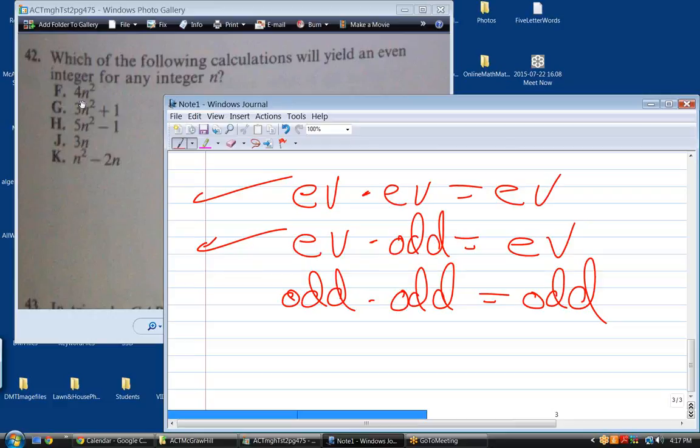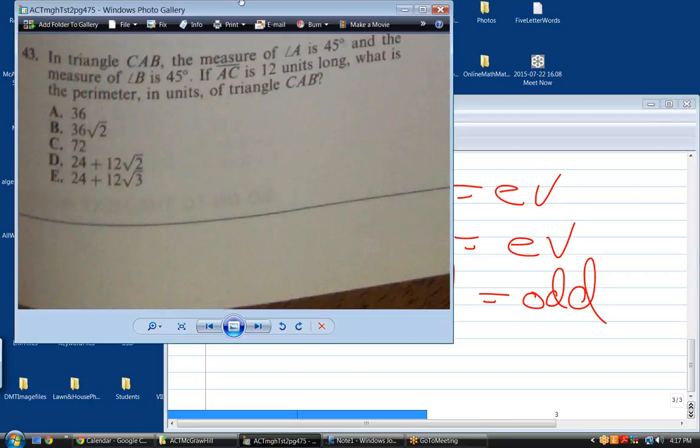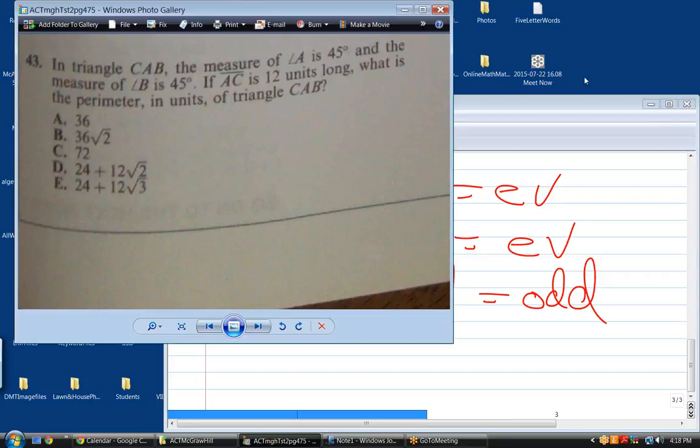Circle that as the right answer and don't spend your time on these 4 answers here, because you've already decided that 4n squared is even no matter what n is. Okay.